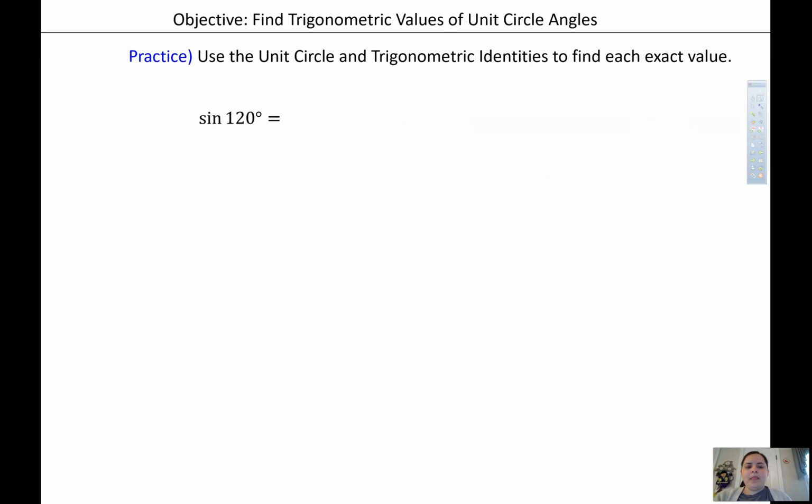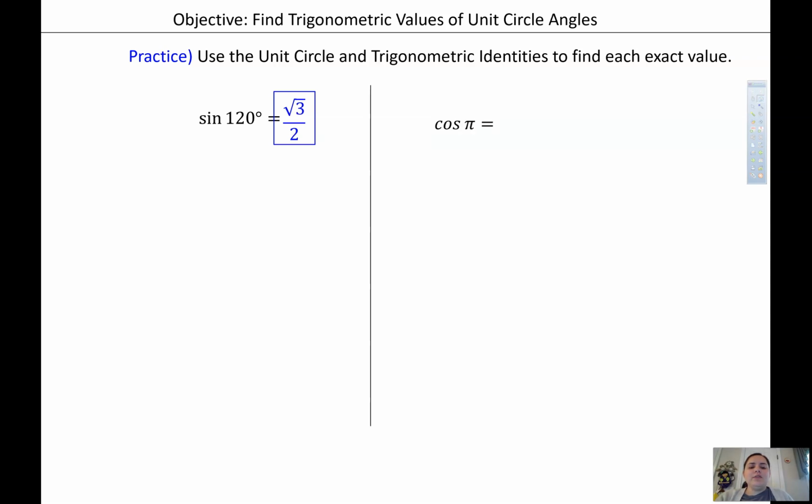Okay? All right, and I think that's pretty much it. So go ahead and practice sine of 120. That's your y value, and this is in quadrant 2, where sine is positive, so your answer should be positive root 3 over 2. Okay?